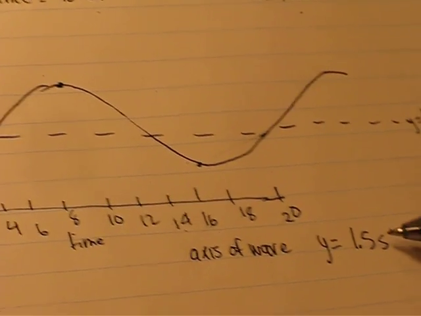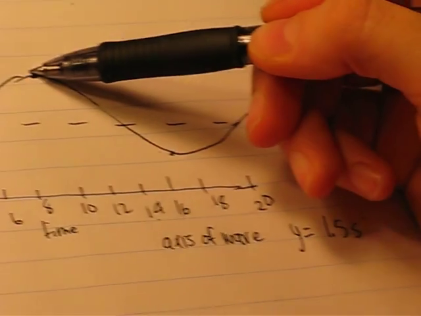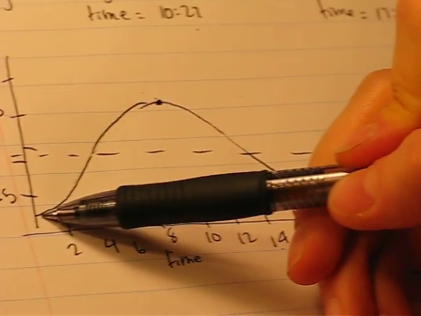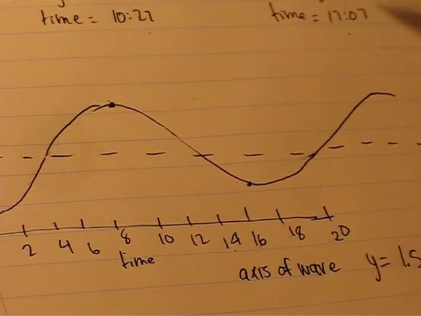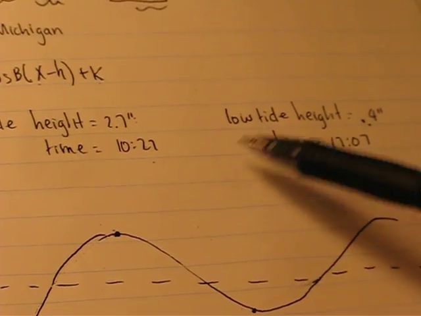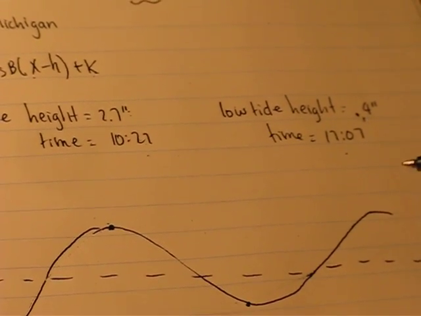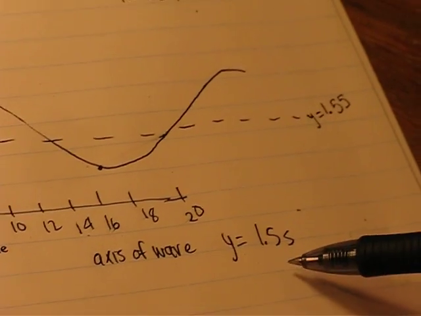You get this by taking the average of the high tide height and the low tide height: 2.7 plus 0.4 divided by 2, which gives you 1.55.